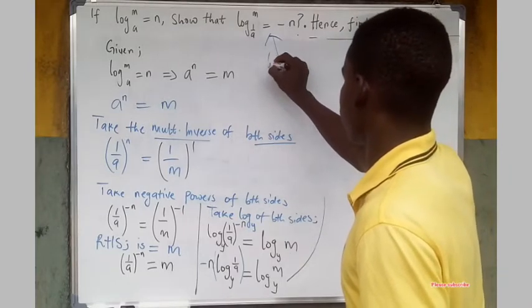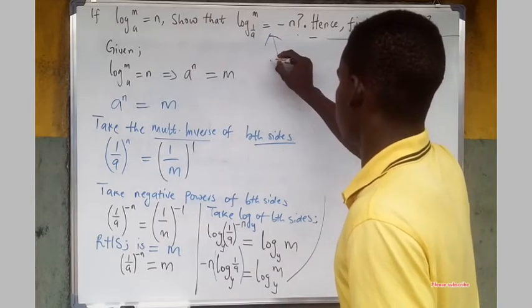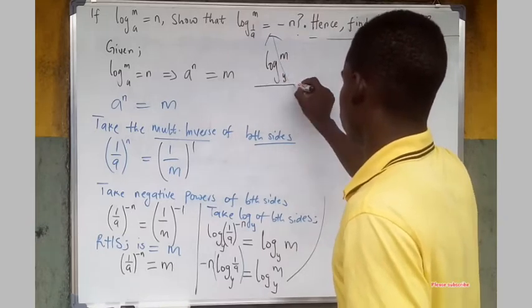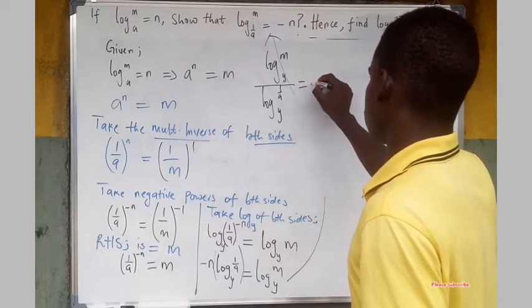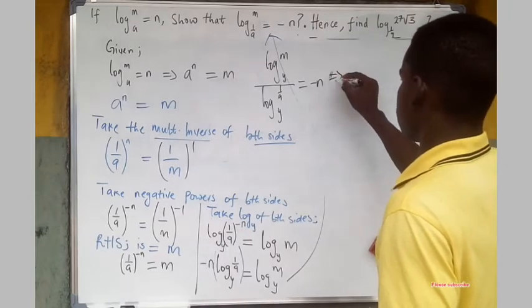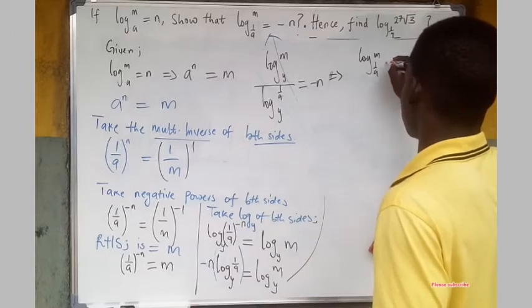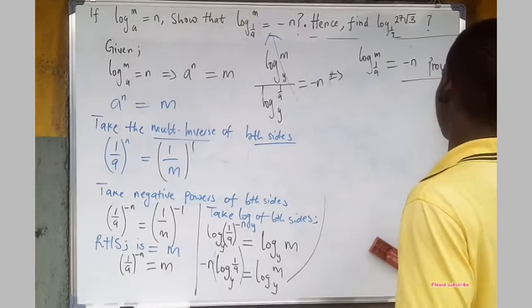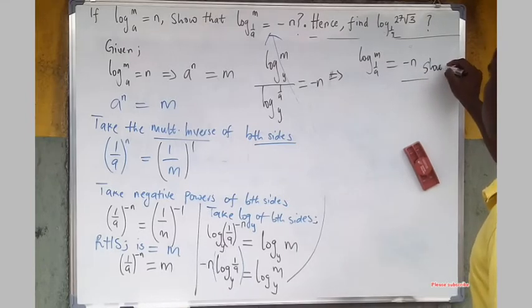Log m to base y over log 1 over a to base y is equal to negative n, which implies that log m to base 1 over a is equal to negative n. Proven.